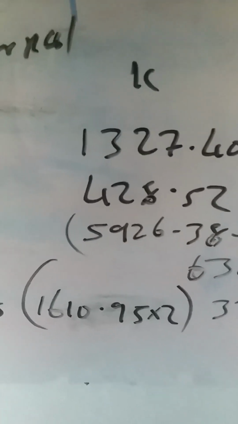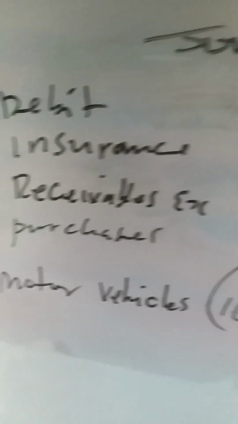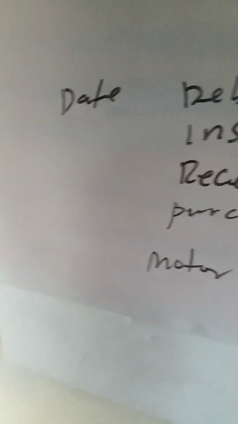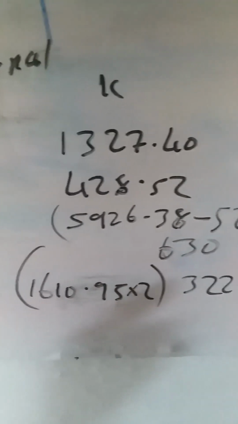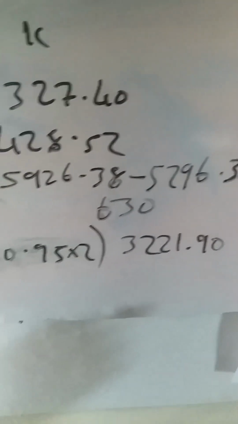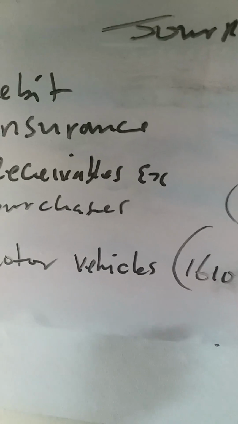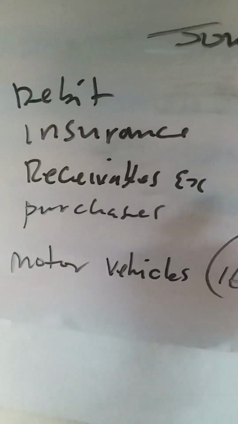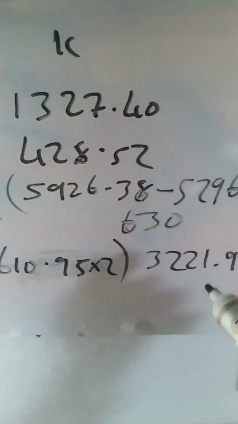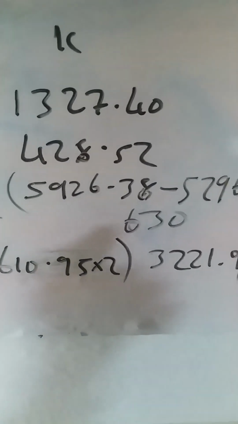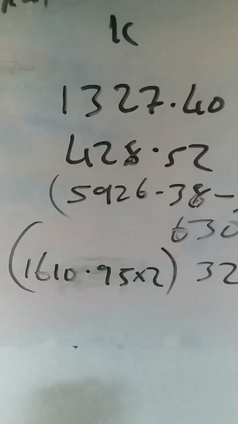Okay, so on the debit side, I'm done highlighting in my journal which accounts should be debited. This time we are crediting the suspense account. The sum of these items is the amount that you have to credit in the suspense account.